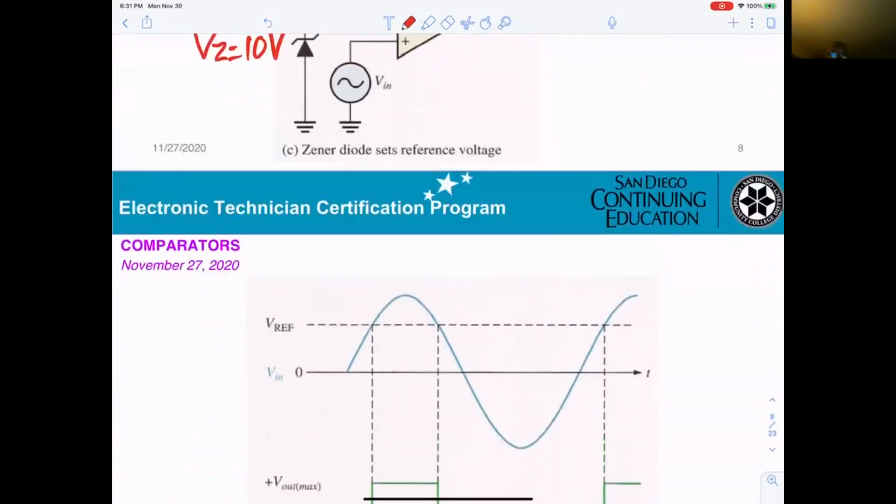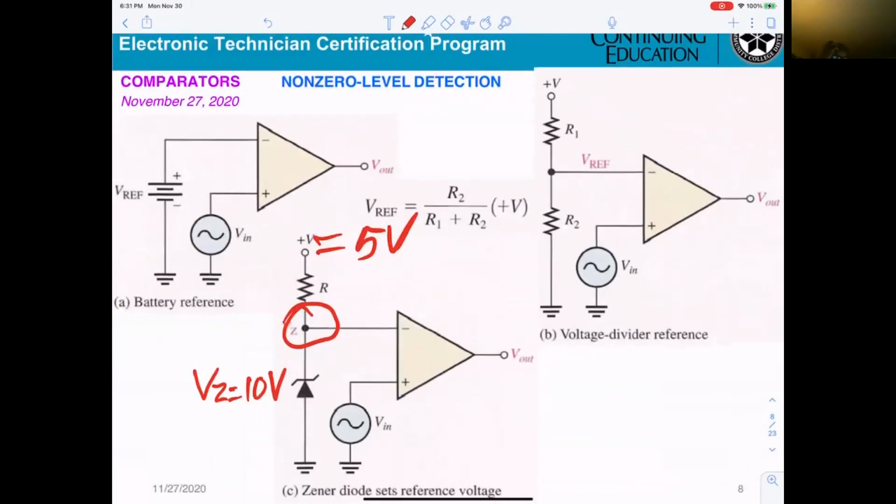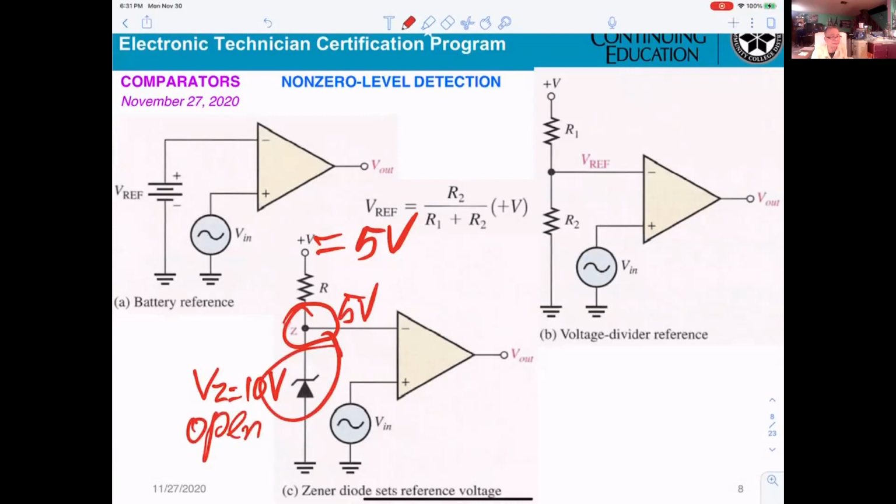And Mr. Pham, in that one, since you got 5 volts there, the cathode, which one is more positive, the cathode or the anode? You get a 5 volt here, that means you get a 5 volt here. Then it's open. They do not break down. You know why? The thing is they are not higher than 10.